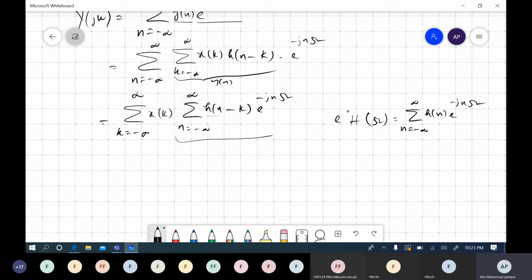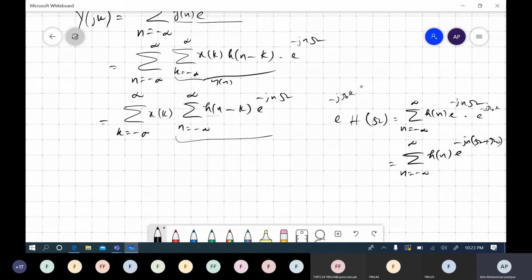And what if we give a shift on both sides of minus j omega naught k, for example, here, and minus j omega naught k here, then what we end up is n from minus infinity to infinity h of n e to the power minus j n omega plus omega naught, right?